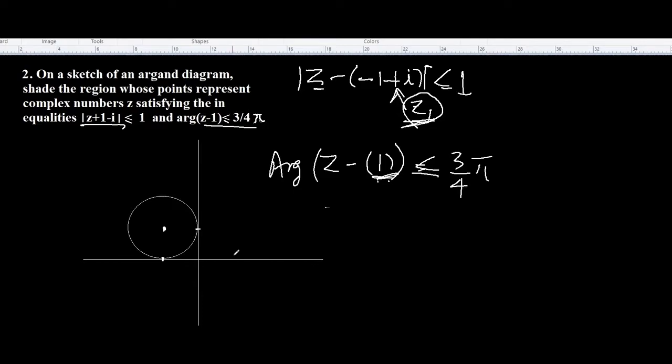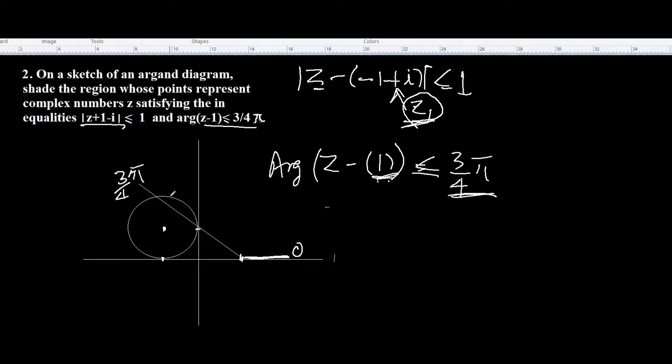So positive 1 will be somewhere here, and we have to draw 3/4 of pi counterclockwise, right? We always start from this line as 0, and we will draw a line which is 3/4 of pi, which is basically 135 degrees in this direction. Almost this. Yeah, this will be 3/4 of pi.